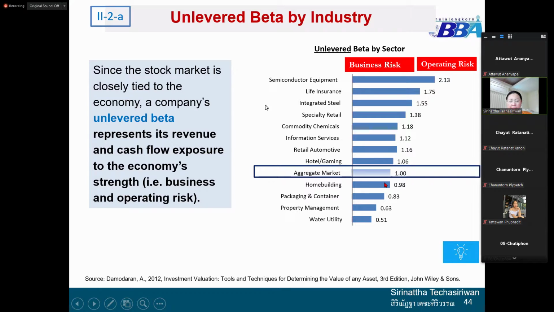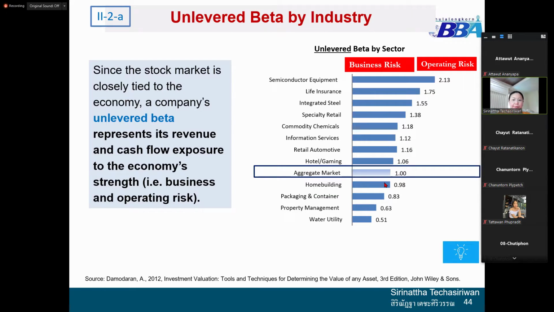So the reason that I show you this slide is because in practice, if, for example, you analyze a company in commodity chemicals, which is supposed to be cyclical, and the unlevered beta that you estimate is only 0.4, for example, you must recheck whether it is correct, or what are the reasons for the unlevered beta of this company to be lower than 1, given the industry that the company is in.